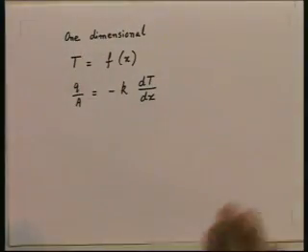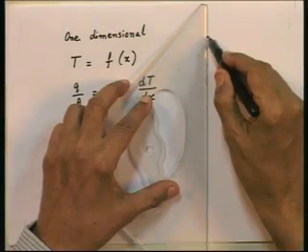Now, the first thing I am going to do is use the first law of thermodynamics to show that the quantity q, the rate at which heat is flowing across the slab, so many watts, is a constant. And I do that as follows. Suppose I take a slab. Let me just draw a slab here.